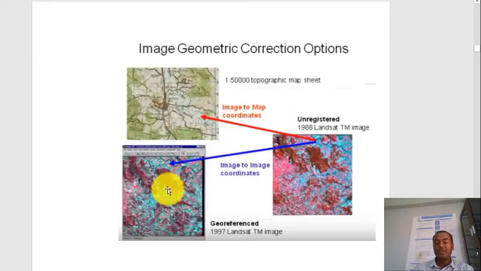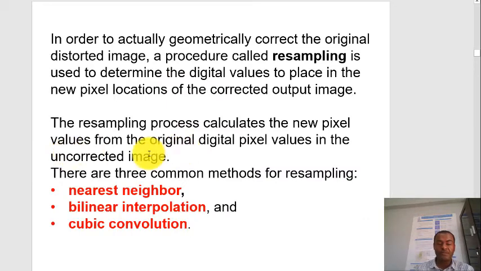When you are collecting GCPs from a corrected satellite image to an uncorrected satellite image, then this type of geometry correction is called image-to-image geometry correction. When you do your geometry correction, there is a very important process called the resampling operation.